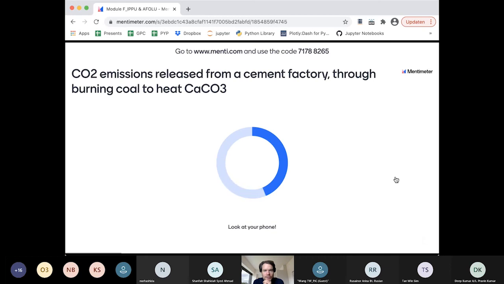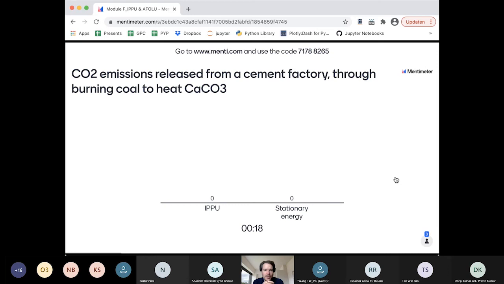CO2 emissions released from a cement factory through burning coal to heat calcium carbonate. Okay, so these are difficult sectors. This is stationary energy because we're talking about burning coal. So we're combusting coal to heat something. So it's the intentional combustion for productive energy to heat CaCO3.